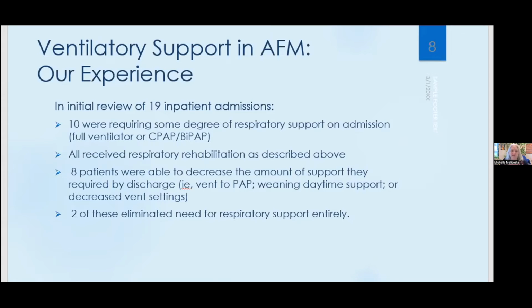All of them received respiratory rehab with lots of pulmonary toilet as described. By the end of their initial acute inpatient admission, 8 of those were able to decrease the amount of support they required by discharge, whether that meant going from positive pressure to CPAP or BiPAP, or decreasing the vent settings. And 2 of them eliminated their need for respiratory support completely by discharge.